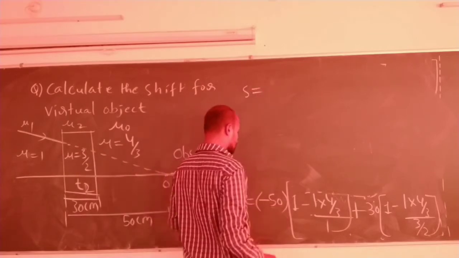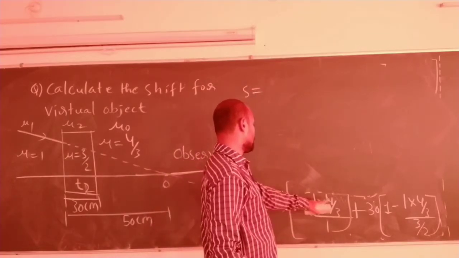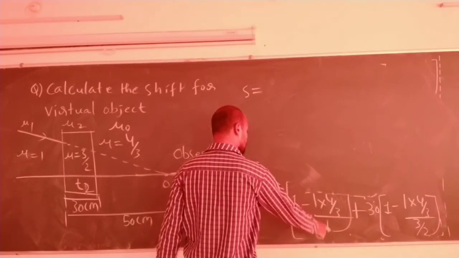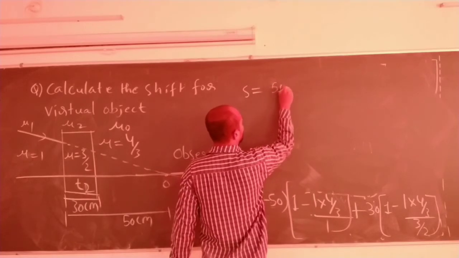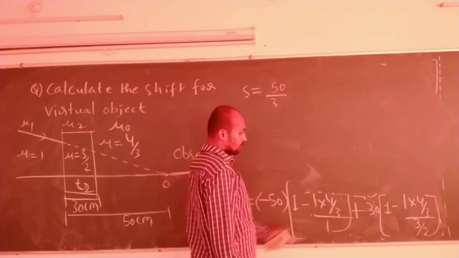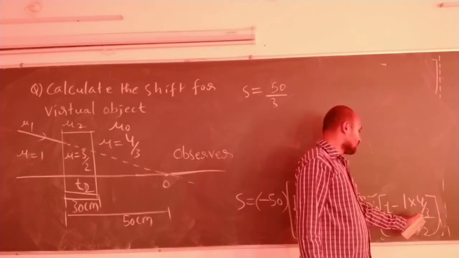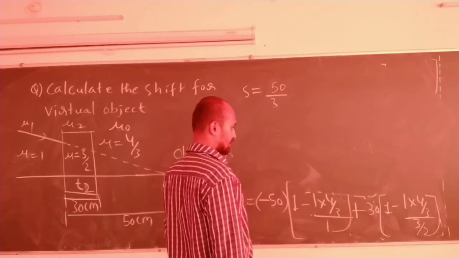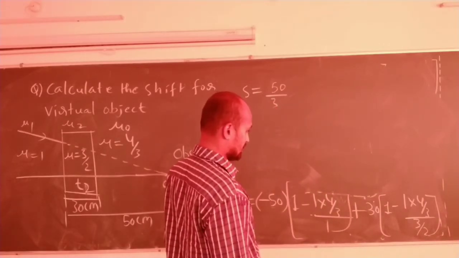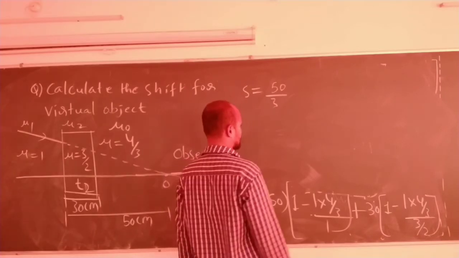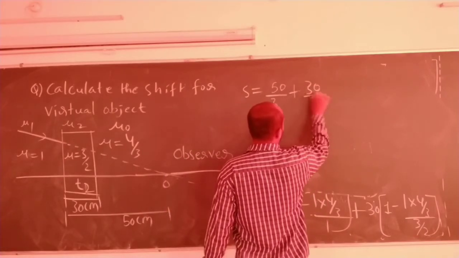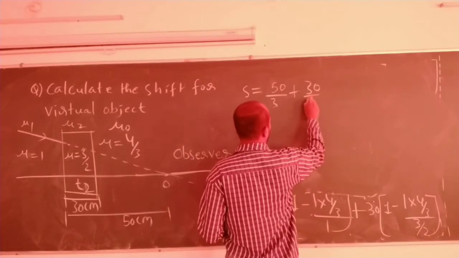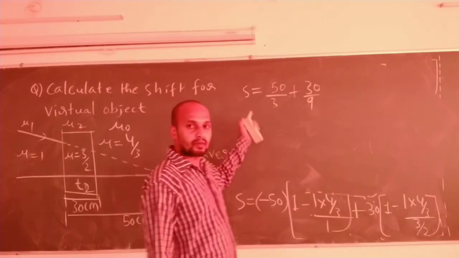S is equal to, this is 4 by 3, 3 minus 1 is 4, minus of minus will become plus, so minus 1 by 3 plus 50 by 3, plus 8 by 9, plus 30 divided by 9. Check it properly.